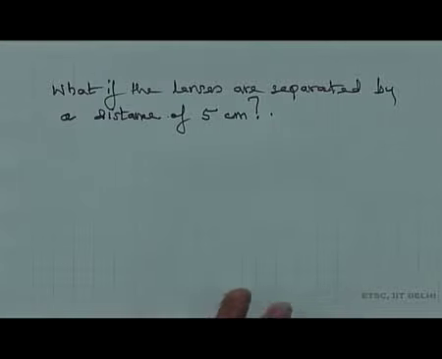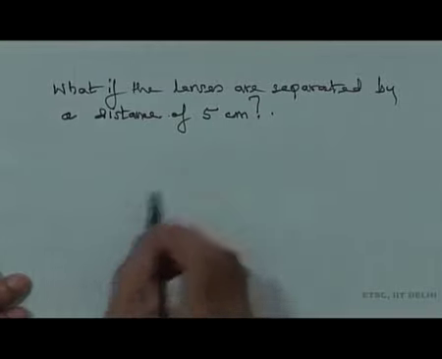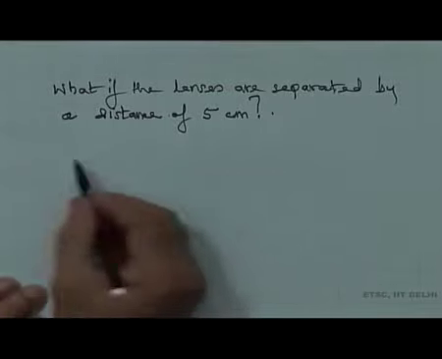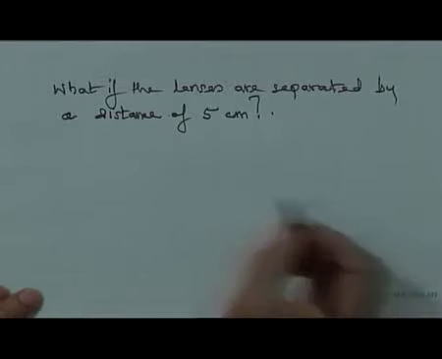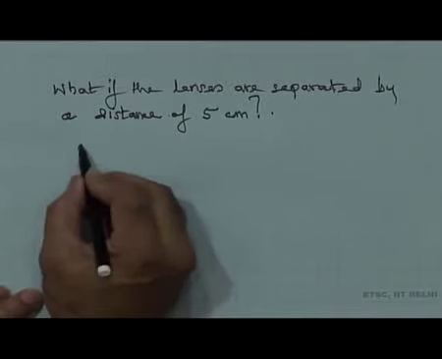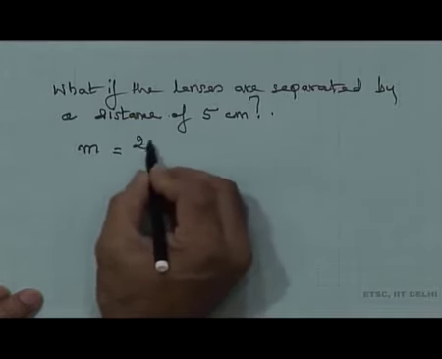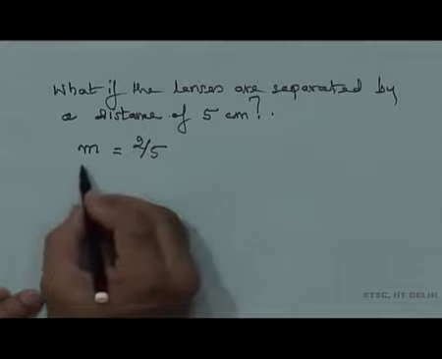The same principles have to be worked out. One could work this out, and I could give you the answer here. I have worked it out, so let me give the answer: in this case the magnification m would come out to be 2.2 by 5. Earlier we got 1/3.